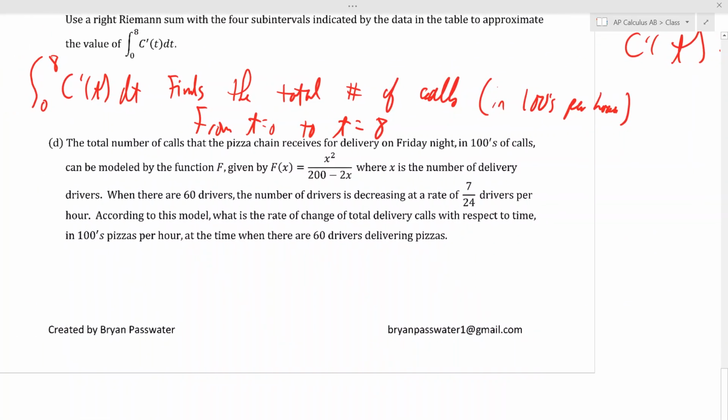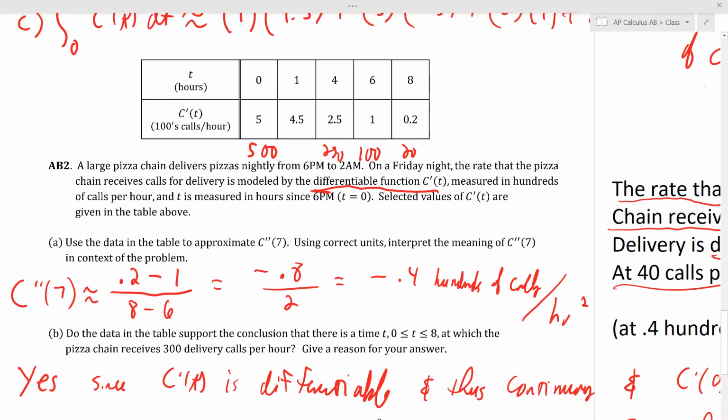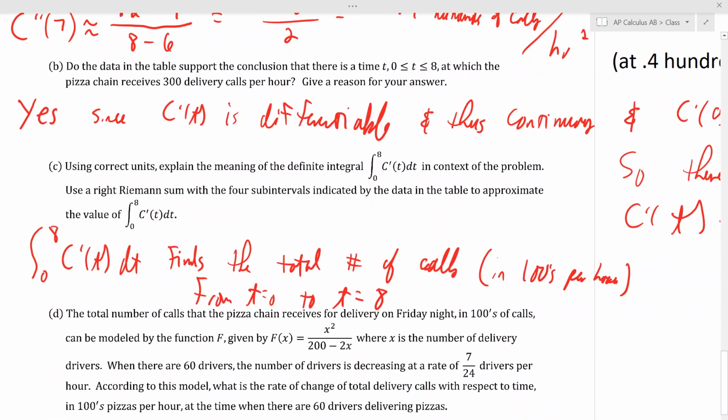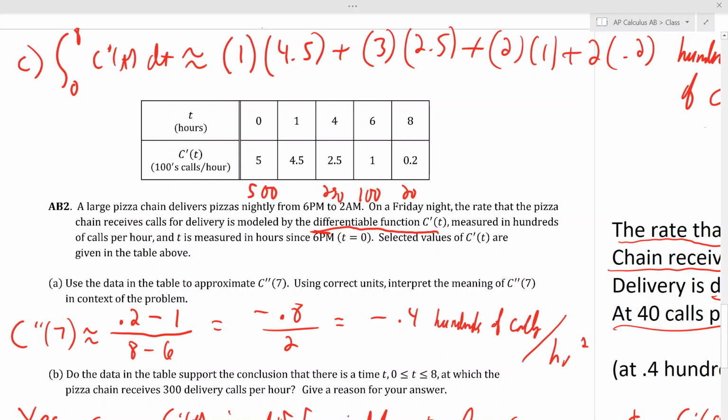Mr. Smith, how come you said in part C, the integral from 0 to 8 of C prime of t finds the total number of calls in hundreds per hour? How come you said hundreds per hour instead of just total number of calls from that time? Because our units are going to be in hundreds of calls per hour.